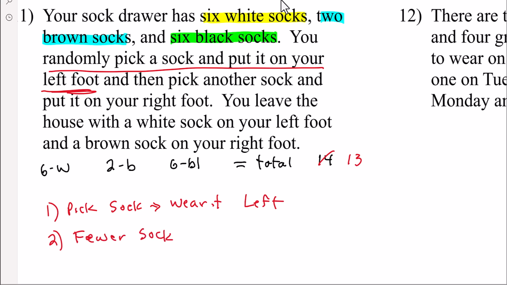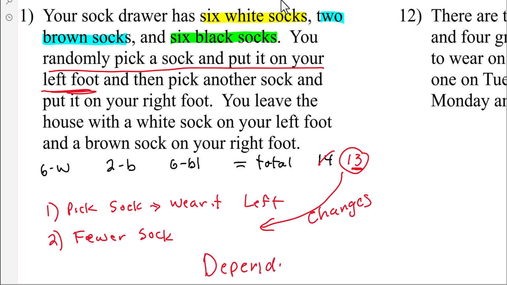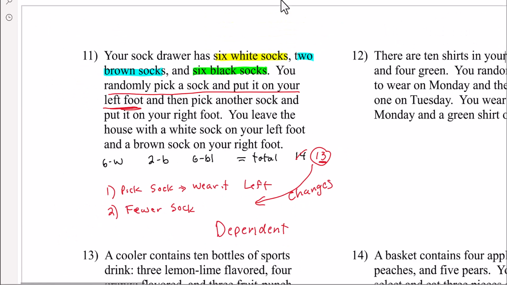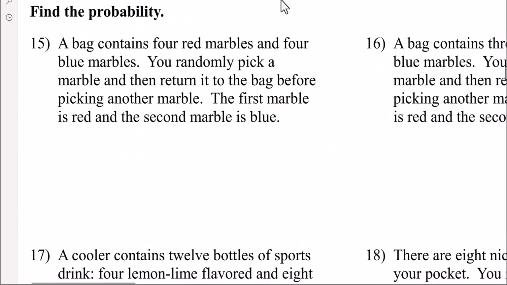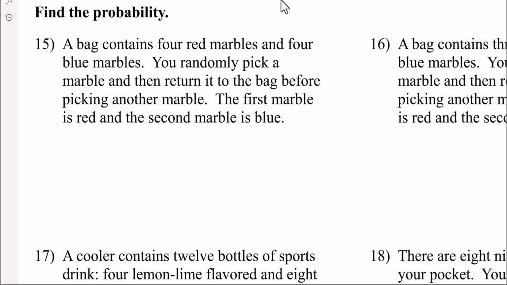So making this one selection and only leaving 13 changes the possibility for the second one that we randomly pick. So this is an example of dependent events, because we did not return the sock before we picked another one. So that's an example of dependent. Now we're going to actually find probabilities.